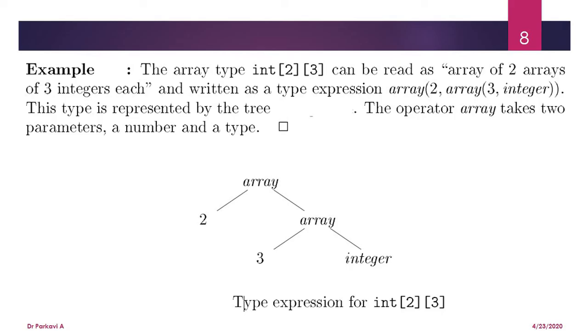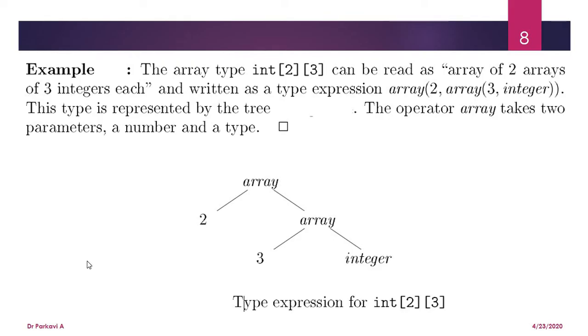So array of 2, array of 3, integer. Each and every element will be of integer data type. So 2 rows will be there, each row will have 3 columns, and each element will be an integer.